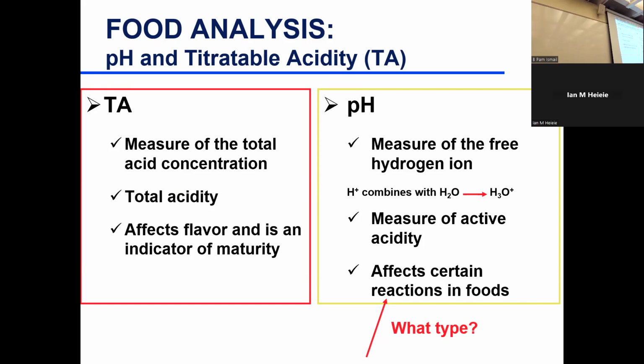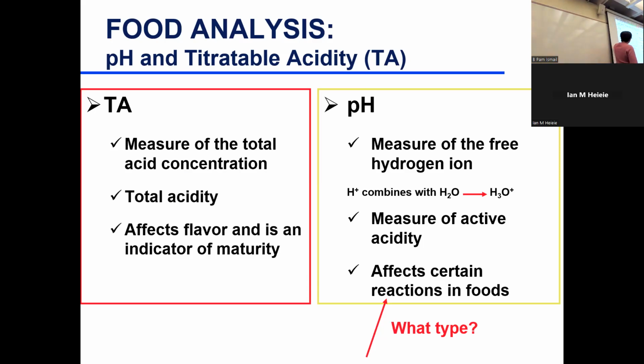Let's say I have HCl and I have citric acid, 0.1 normal in each. HCl has more than 95% dissociation in water, whereas citric acid is a weak acid and doesn't dissociate readily. So the 0.1 normal HCl will have a much lower pH than 0.1 normal organic acid, and it will be much more sour.